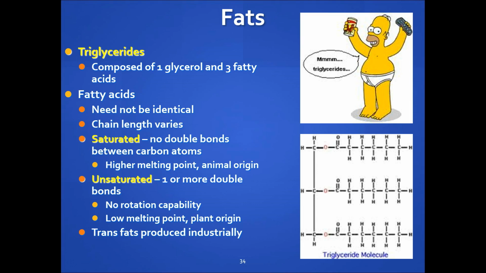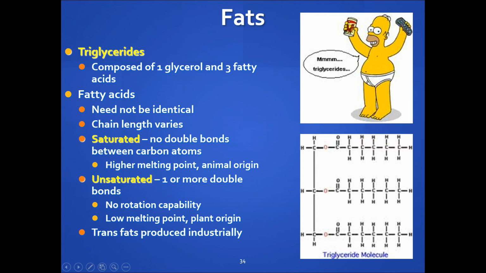So the most common inside biological organisms is triglyceride, the tri meaning three. What is it that it's three of? It's three of the fatty acids. So fatty acids are the monomer for lipids. And so they are not identical. Their chain lengths vary. So chain length is going to be how many carbons are connected to it.